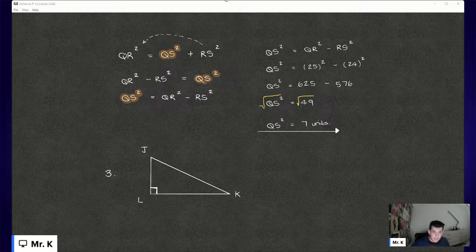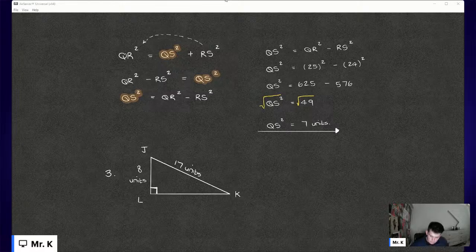The first one is going to be 17 units on the hypotenuse, right? And 8 units along the shorter side of my triangle. Right, that means that the final missing side is this base of our triangle over here.